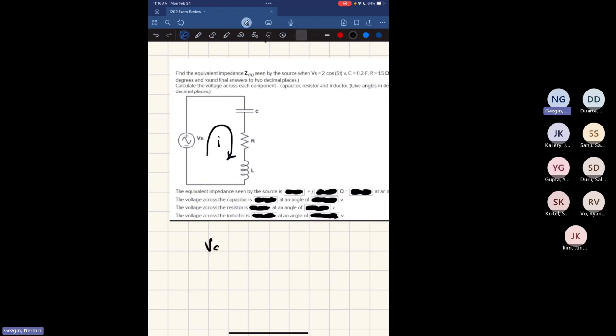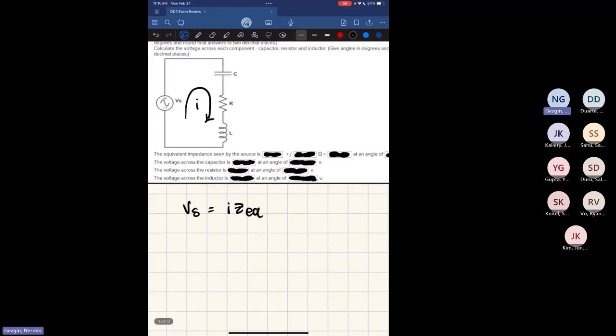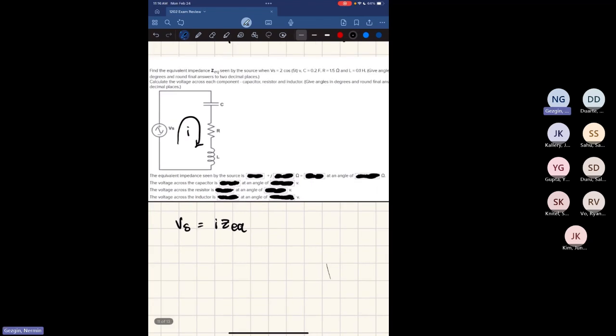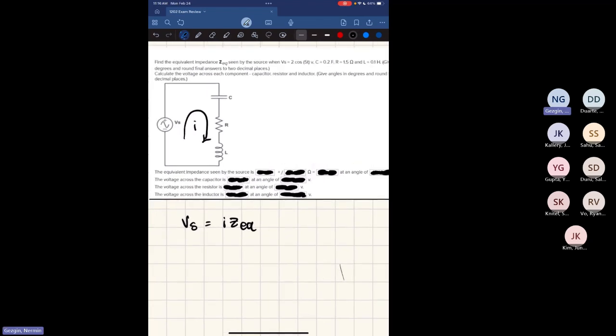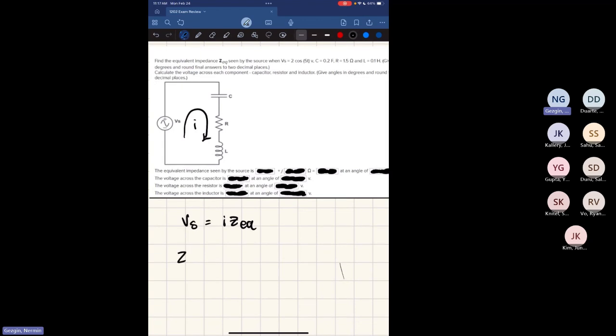So we have Vs equals I times Z equivalent. Now they have given us Vs, but let's try to find what Z equivalent is first, the total impedance. Because the elements are in series, you just add them up. So that's Zc plus Zr plus Zl.